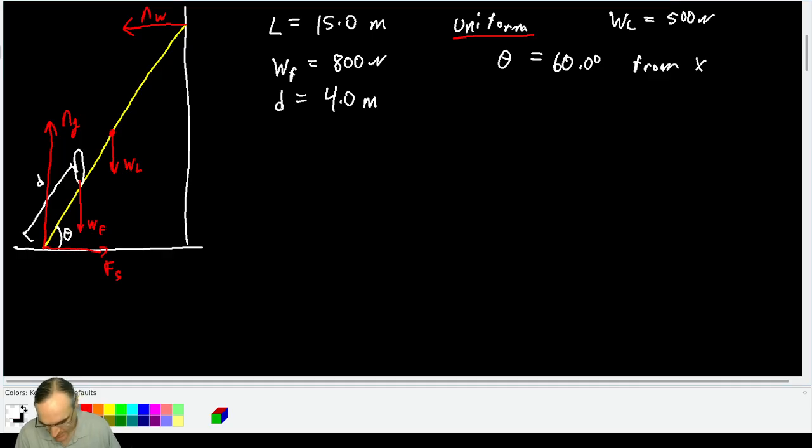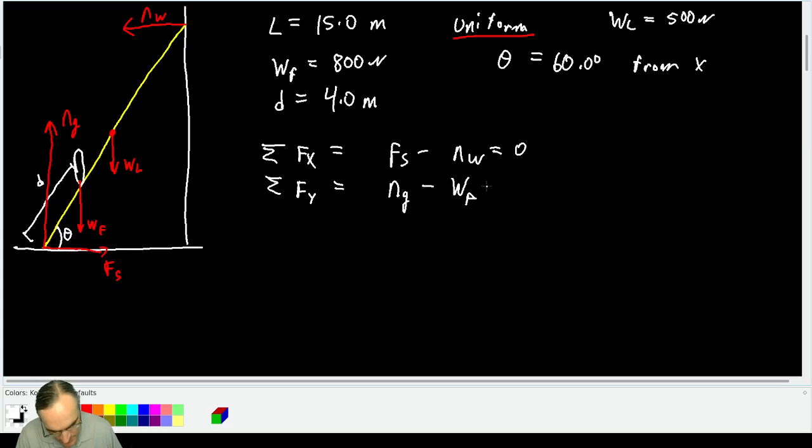All right, let's start with the sum of forces in X. This is going to have to be Fs minus normal due to wall is equal to 0. Sum of forces in Y, the normal due to the ground and the weights must be offsetting each other.